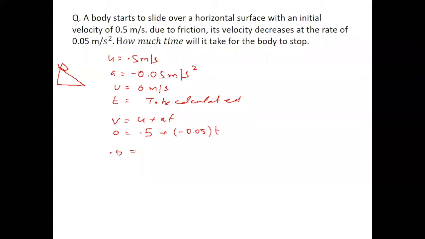So 0 equals 0.5 minus 0.05 t. This minus minus cancel, so 0.5 equals 0.05 t. Give me the answer.